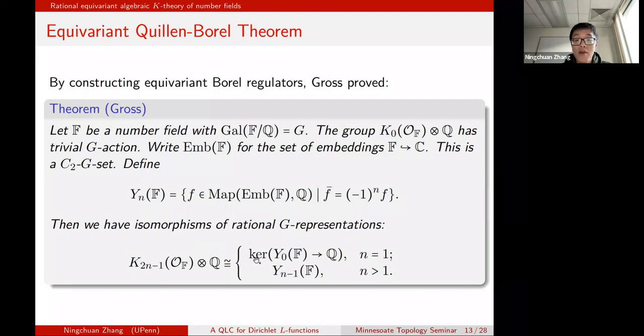And at n equals 1, you have to take a hyperplane. If you still remember the formulas, this corresponds to the fact that in the Dirichlet unit theorem there's an r_1 plus r_2 minus 1. Taking the kernel corresponds to the minus 1.